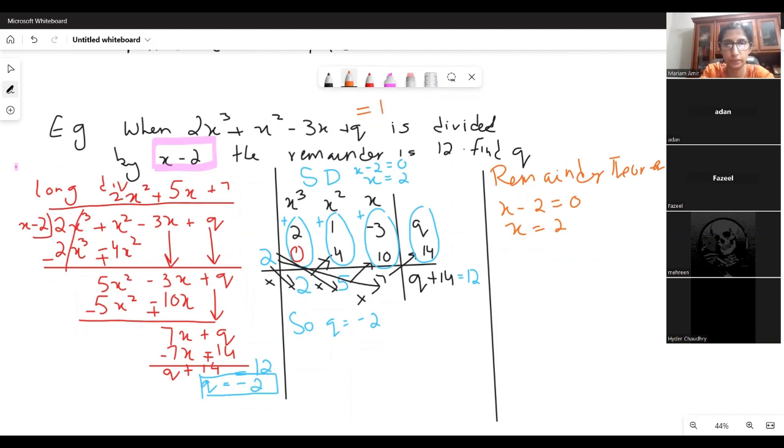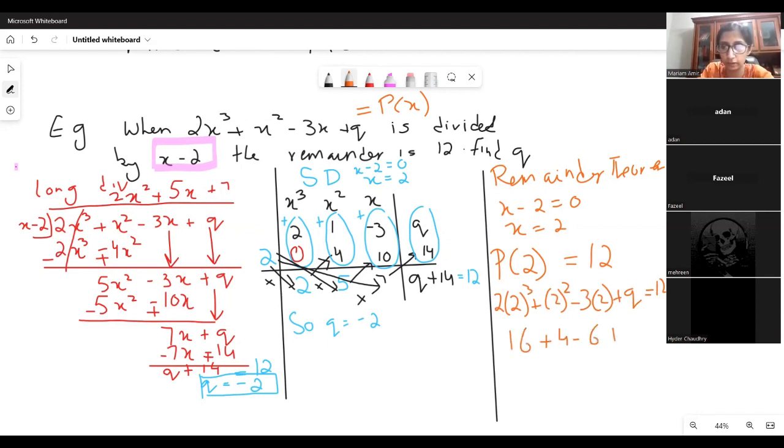Let's equate this to p(x). So you're finding p(2), and what should be the numerical answer for p(2)? 12, yes, which is the remainder. Now let's substitute 2 into 2x cube plus x square minus 3x plus q, which should be equal to 12. 16 plus 4 minus 6 plus q equals 12.